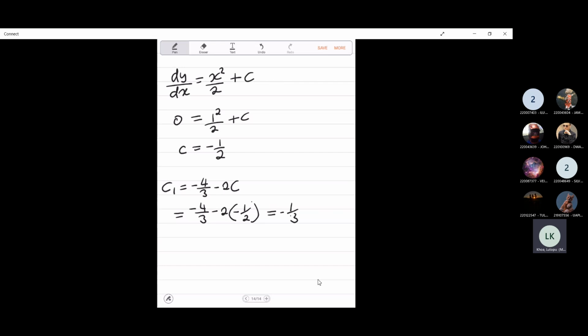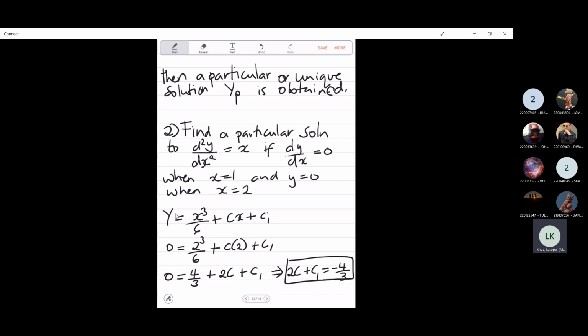Okay, so now I've solved for C1 and C, so I can state that my particular solution is x to the power of 3 over 6 minus x over 2 minus 1/3. And the particular solution will still satisfy the original differential equation, just like the general one does.